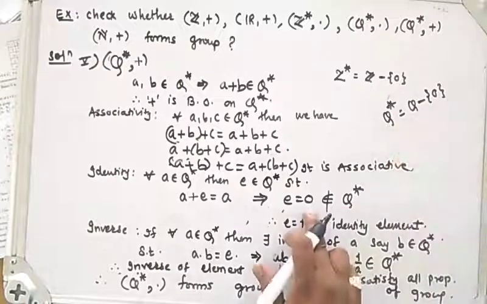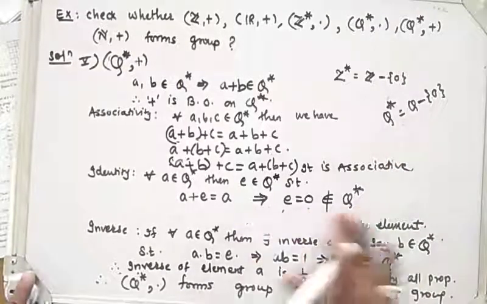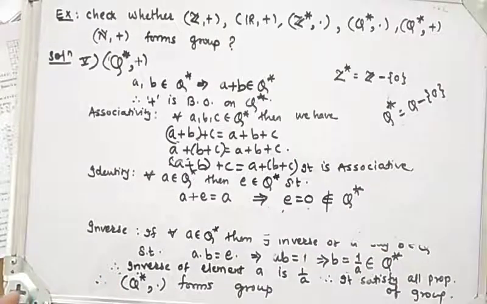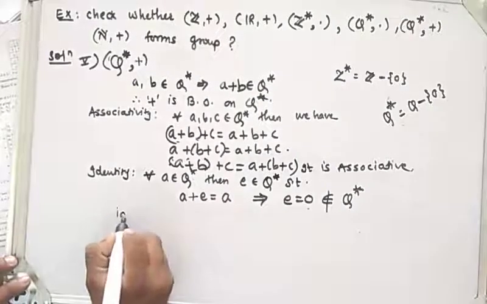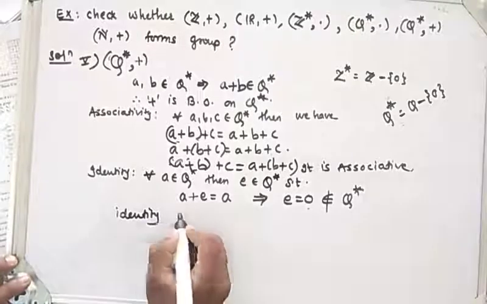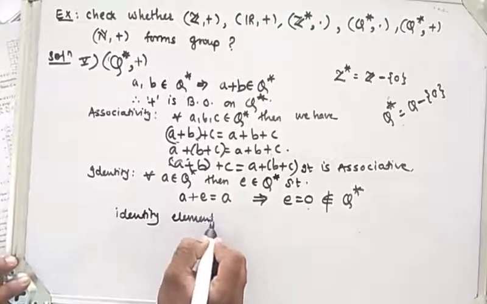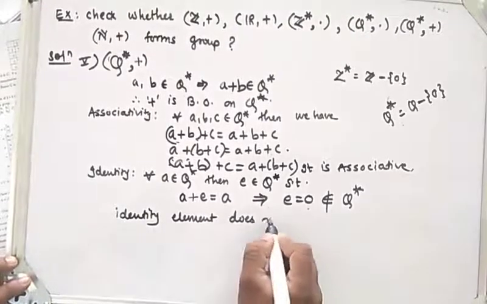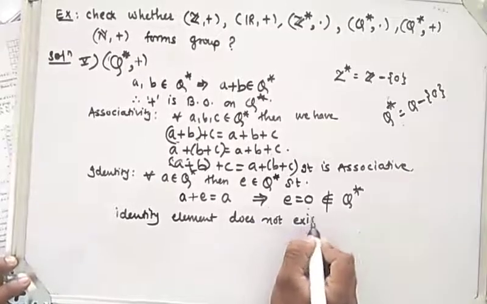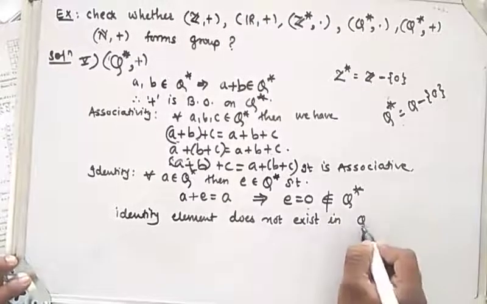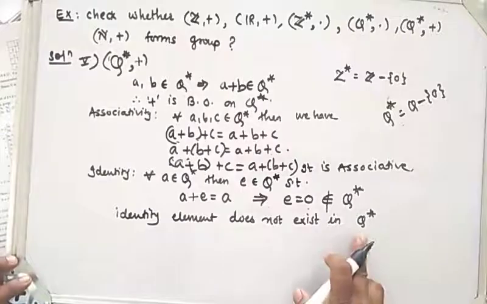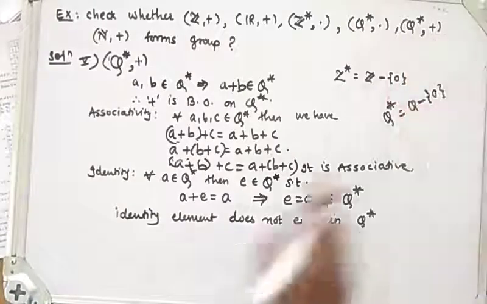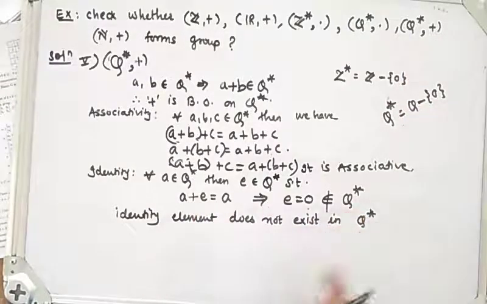So the identity element does not exist in Q star, because there is no 0. Here the operation is addition, right? So e is equal to 0 does not belong to Q star.